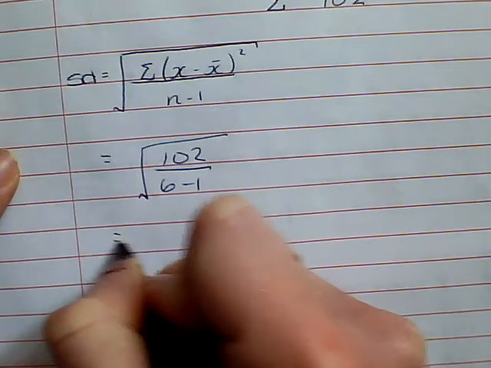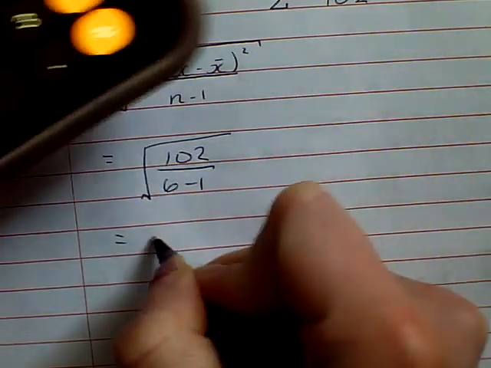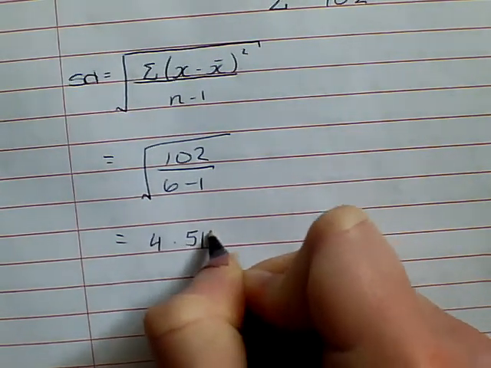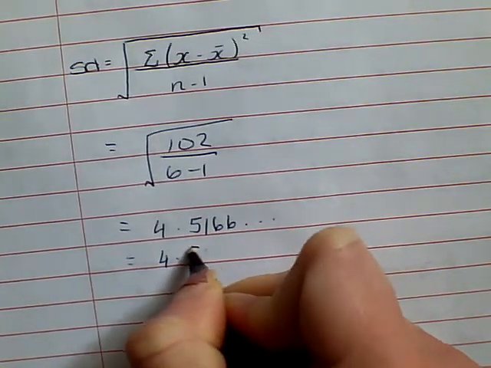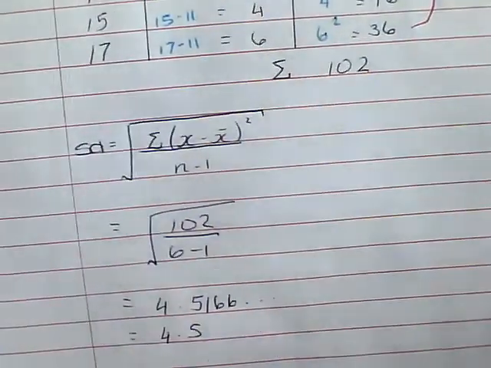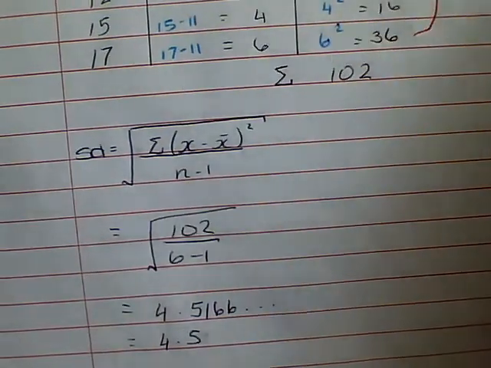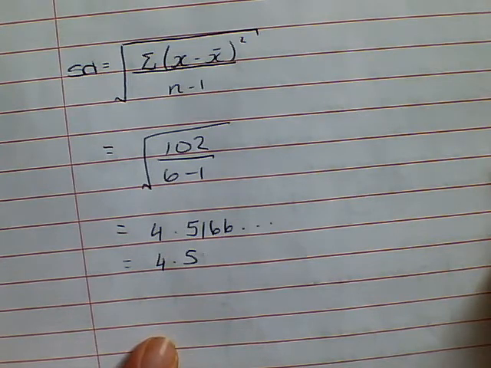So 102 divided by 5 and then square root. 4.5166, and we'll do it to one decimal place, 4.5. So that's my standard deviation, and this 11 that I found at the start was the mean. The mean is an average, and the standard deviation is looking at the spread of the data.